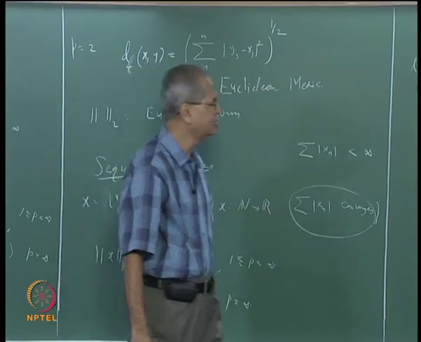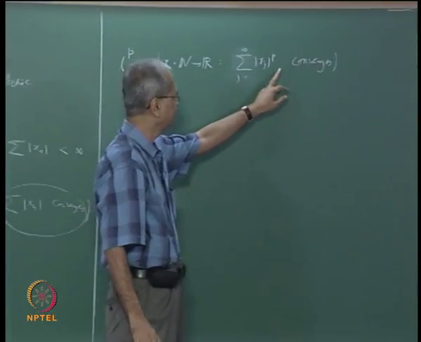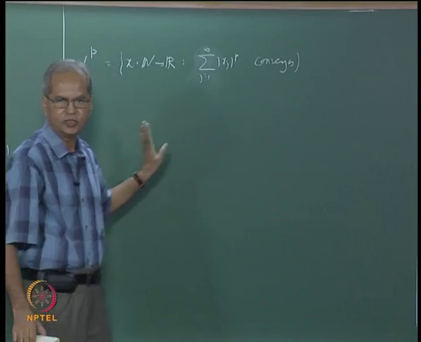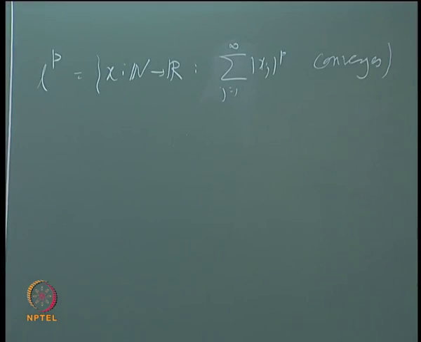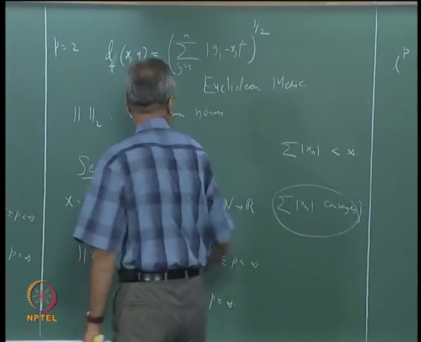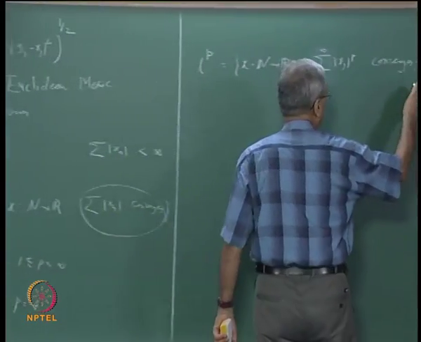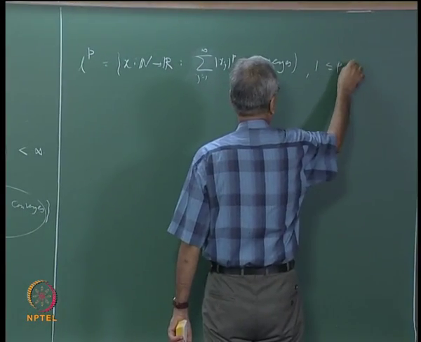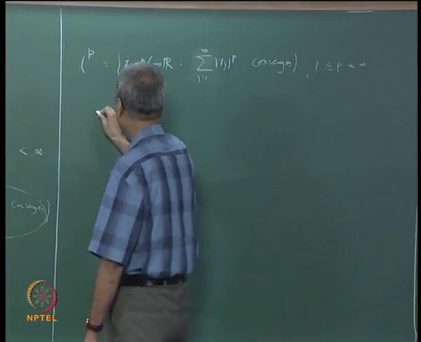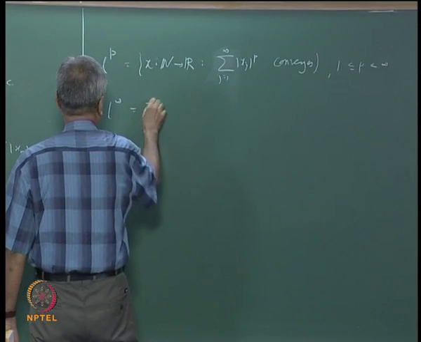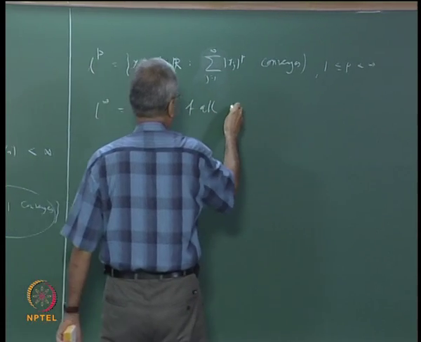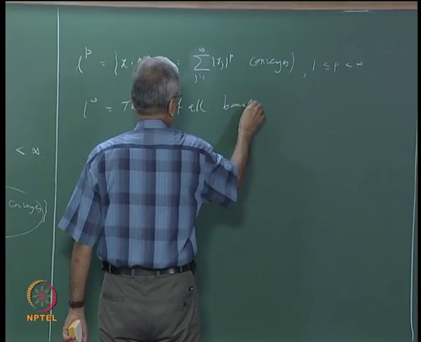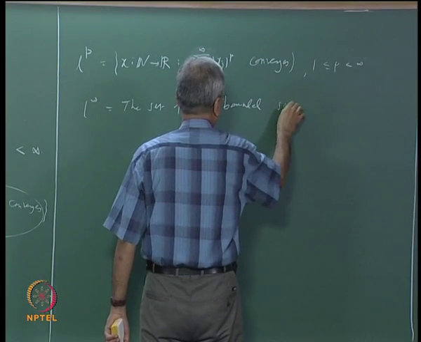So similarly sigma mod xj to the power p strictly less than infinity means that it is a convergent series. So for such x we can now define norm x suffix p. Of course this is for 1 less than or equal to p less than infinity, and L infinity is the set of all bounded sequences.